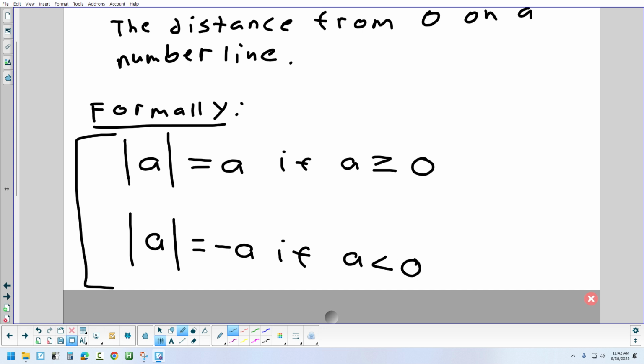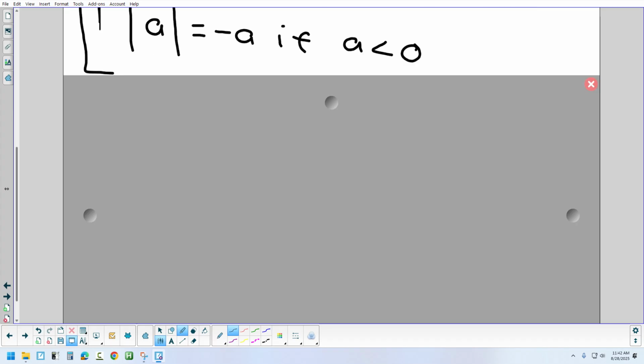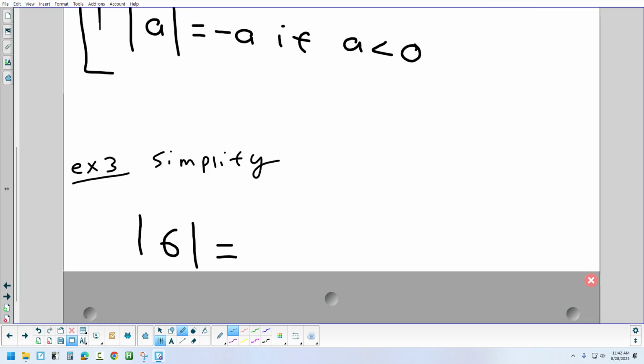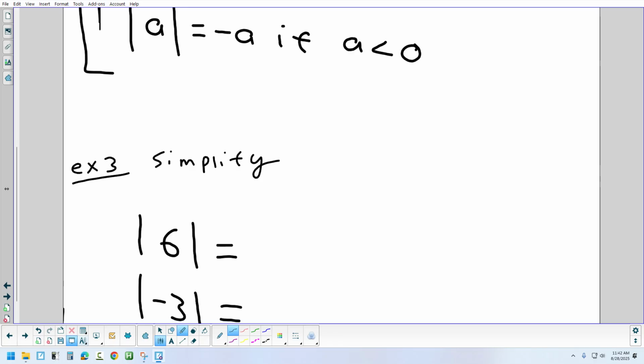That's kind of a very formal definition of absolute value without thinking about distance on a number line at all. Okay. So 2 quick examples. Absolute value of 6. Just give you back the same number. Absolute value of -3. Multiply it by -1 because I got to get rid of the negative, and I get 3. Okay.